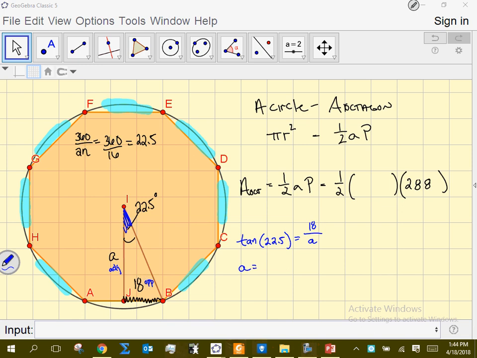So then it gives me the adjacent side to be 18 divided by tangent of 22.5. Flip the A and flip the tangent 22.5. SOH CAH TOA. So now that's the apothem, so that's the number that goes here, right?